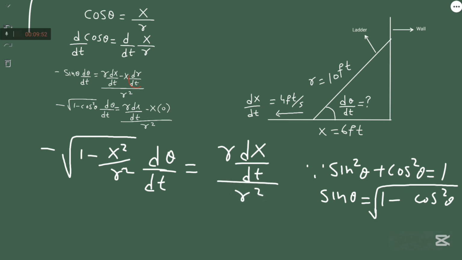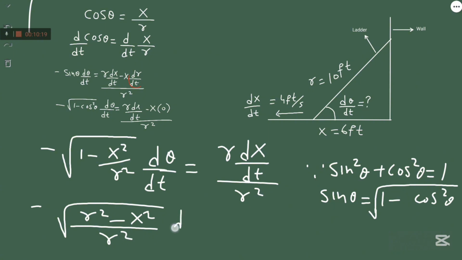If I simplify this further, I can write minus the square root of r square minus x square over r square, and d theta over dt equal to.